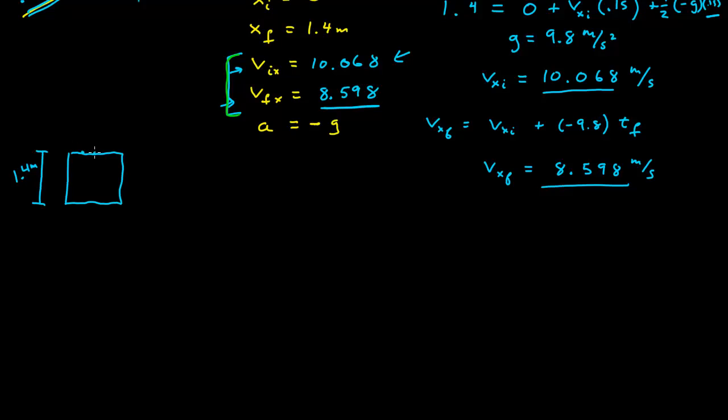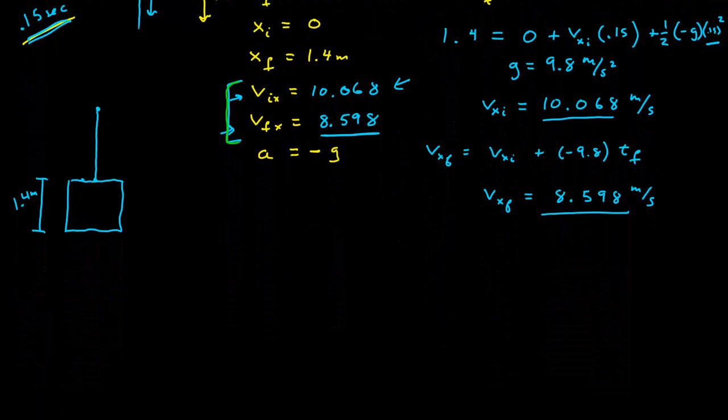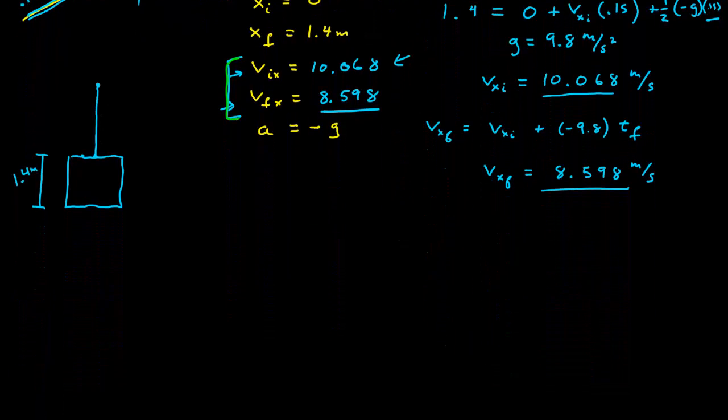And now the balloon starts from where it exited the window, and it comes to some height where it comes to rest. That's one of the things I'm looking for here, which is how high above your window did it go. Since I think I can solve for that now, I'm going to work on that problem.